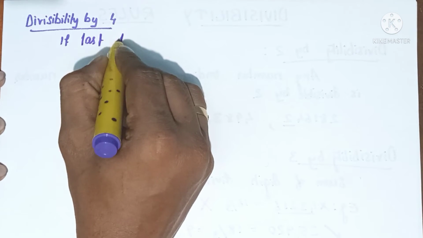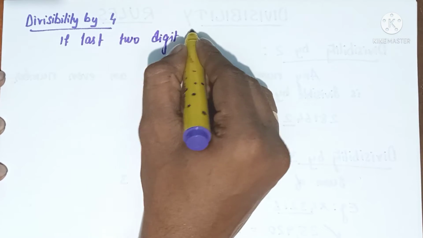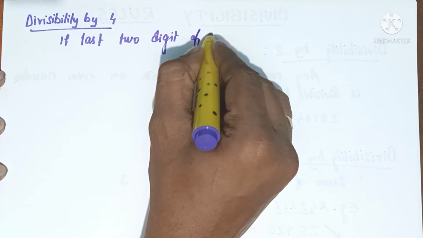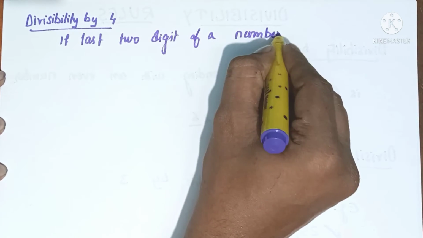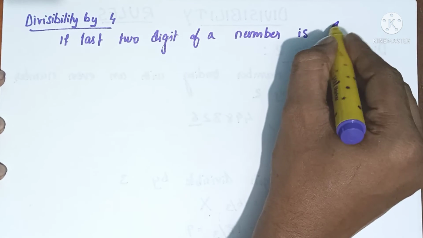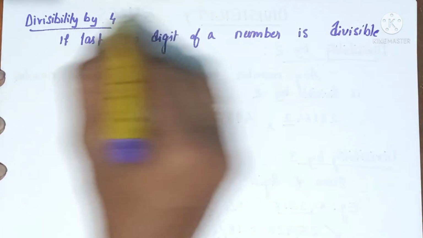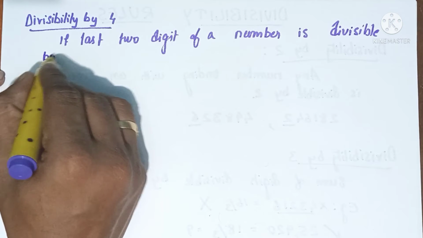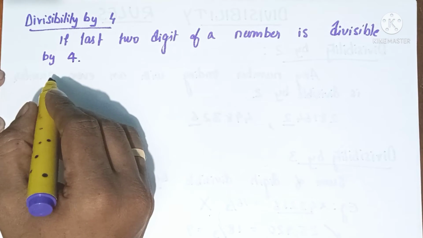If the last two digits of a number are divisible by 4, then that number is divisible by 4.